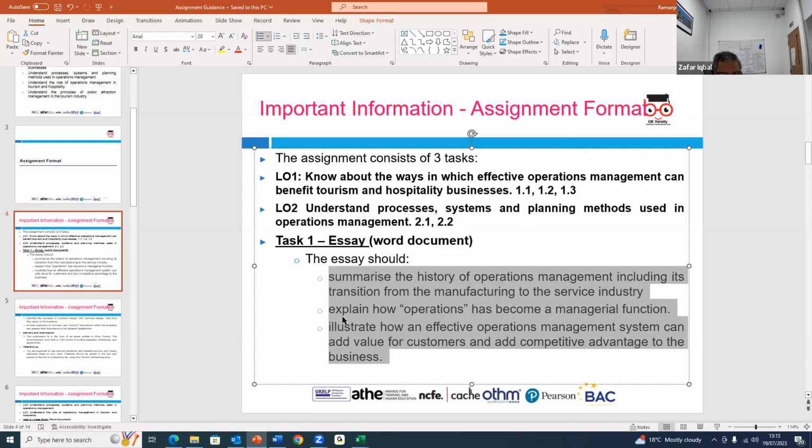It should have an introduction, a body, and a conclusion, probably a summary, then the references. It should be backed with a kind of literature review and should have references.